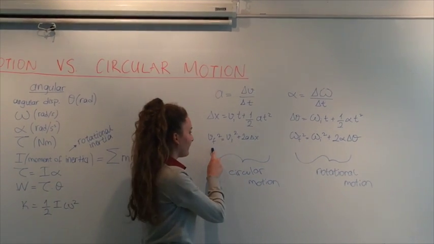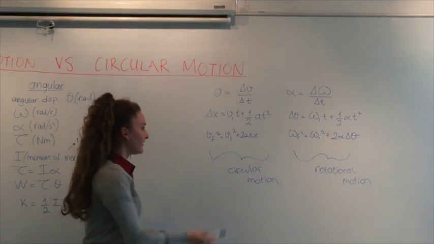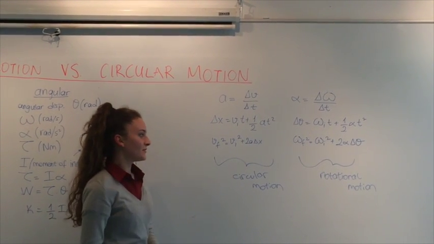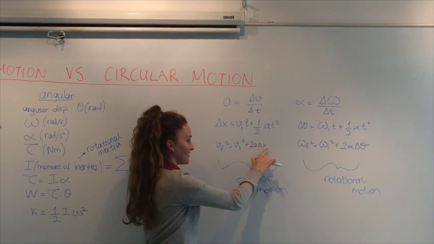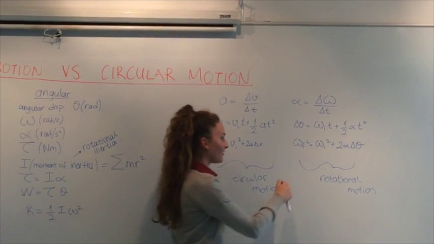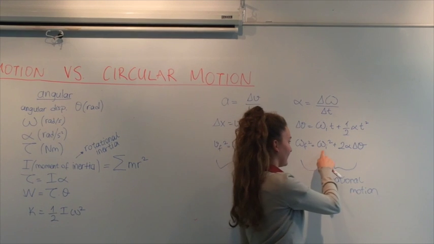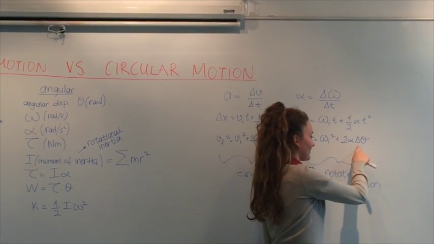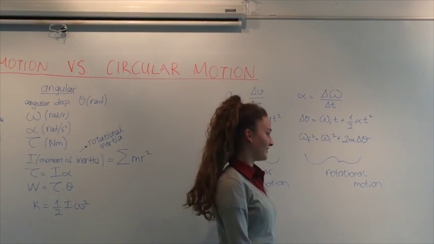Here we can also have another equation derived from this one, which is v final squared equals v initial squared plus 2 times acceleration times the displacement. And then here, omega final squared equals omega initial squared plus 2 times angular acceleration times delta theta.